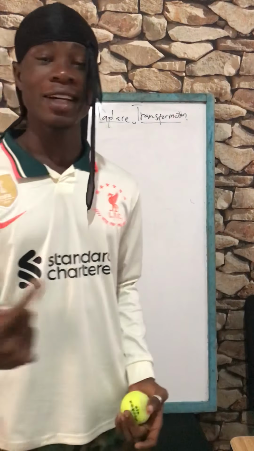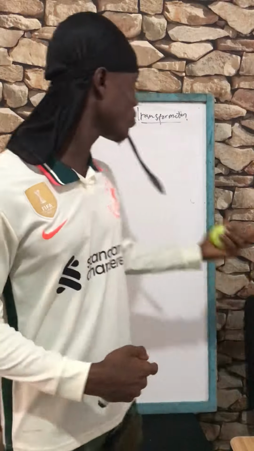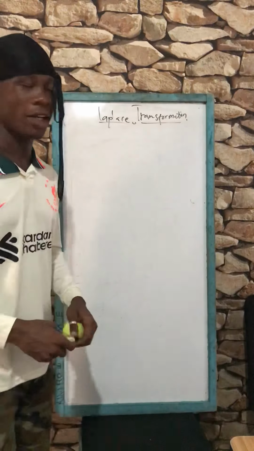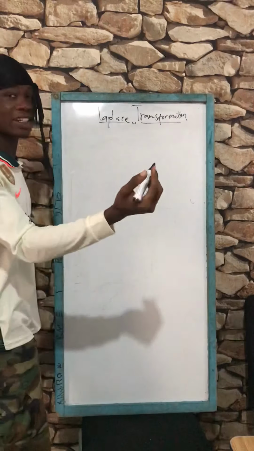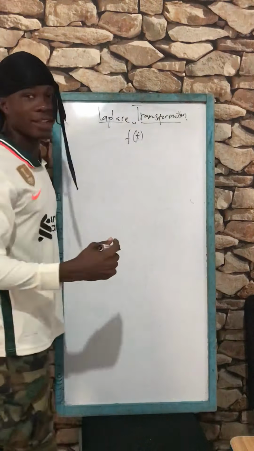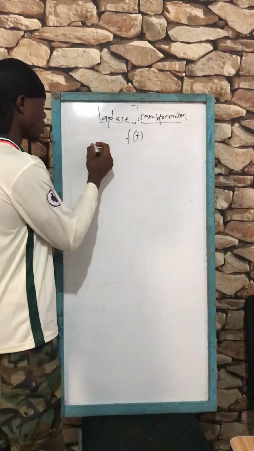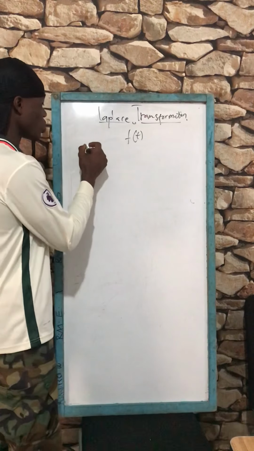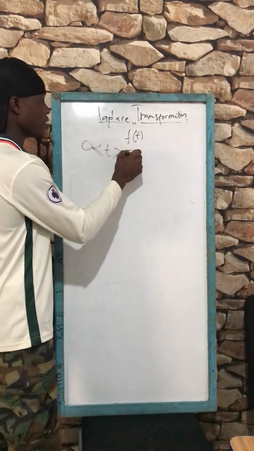Okay, but here we are not going to talk about converting complex differential equations to simple polynomials, but we are using it to solve life problems. So here, Laplace transformation of a signal is defined as f of t, where t is greater than or equal to 0 and less than infinity.